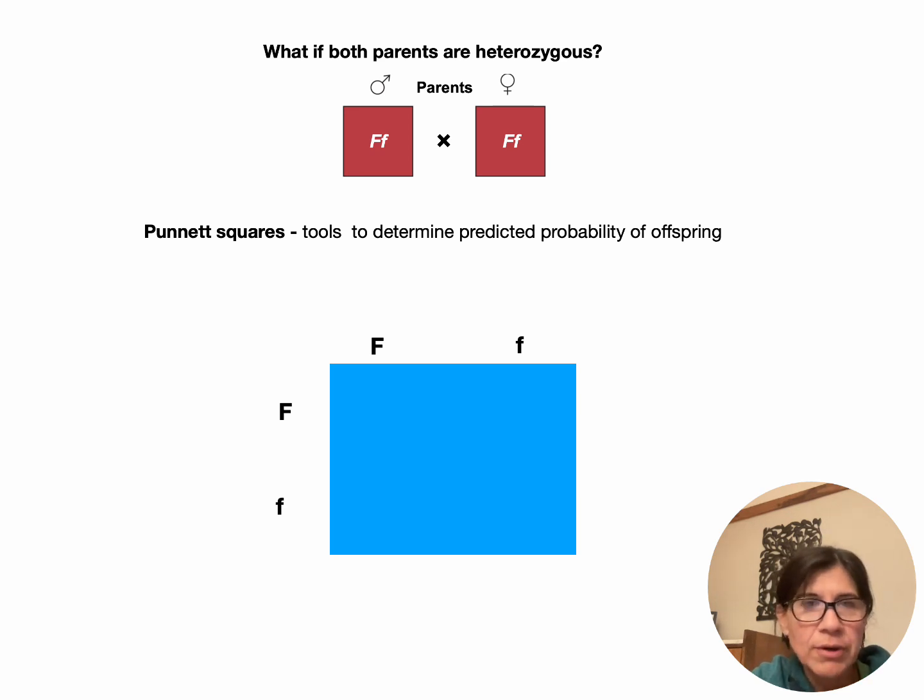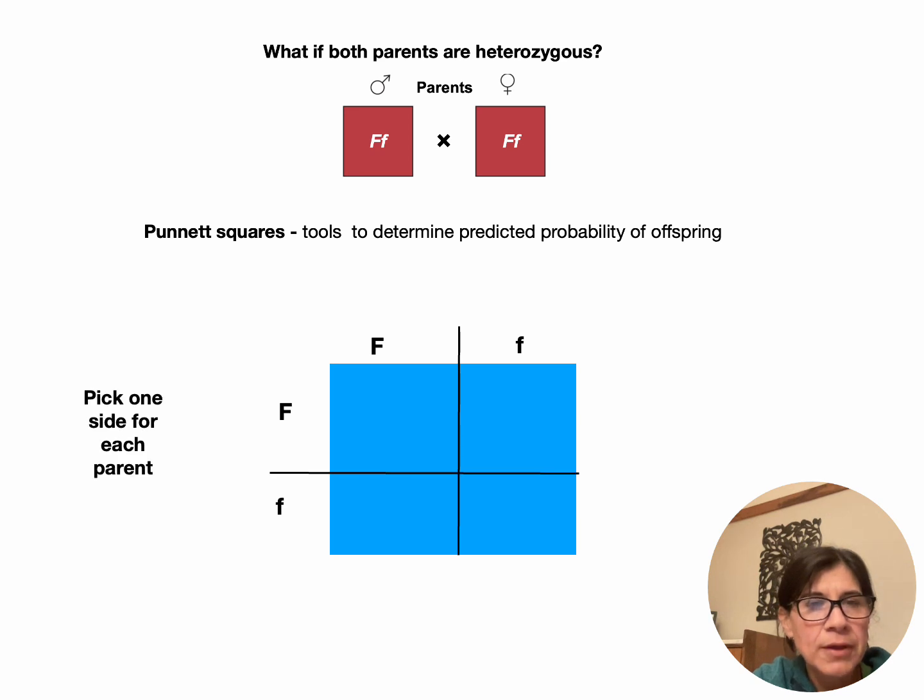All right, so the way we use this Punnett square is that we pick one of the outer sides for each parent. And what I mean by outer sides is outside of the square, so one side. So this is one side on top, and this is one side here.